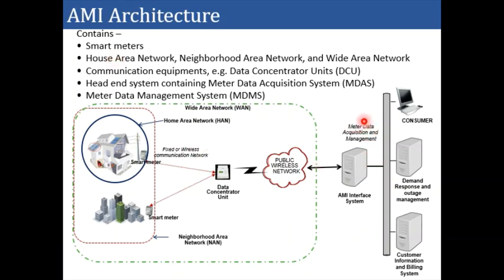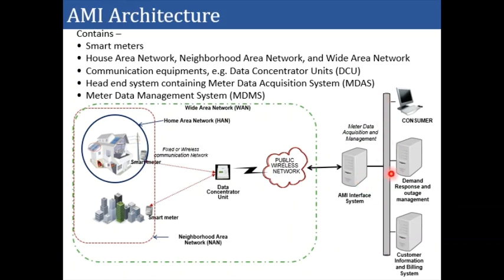So at the control center level, the servers which are required for acquiring the data are the metadata acquisition system, and then this information is shared with the metadata management system for any processing. Then the metadata management system is connected to the enterprise service bus LAN, which is stabilized in the control center.